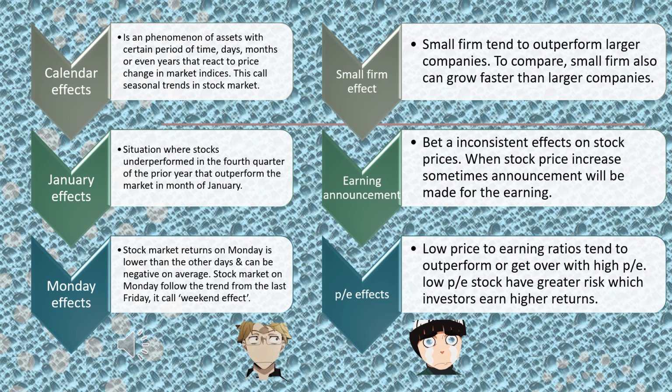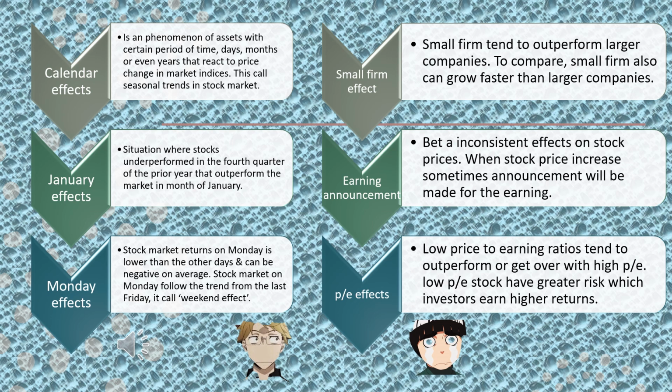Small firms tend to outperform larger companies. Small firms can also grow faster than larger companies, since small firms want to grow more without comparative strategy or pressure from larger companies.